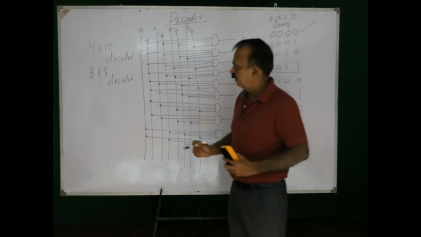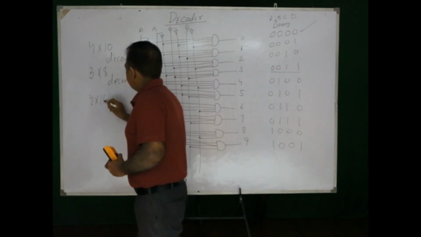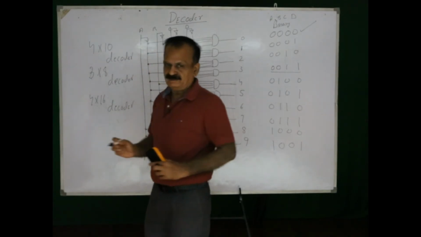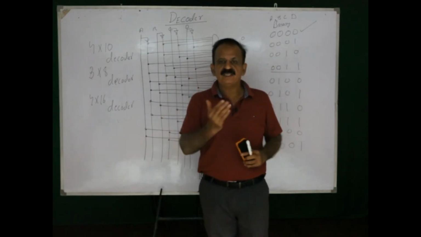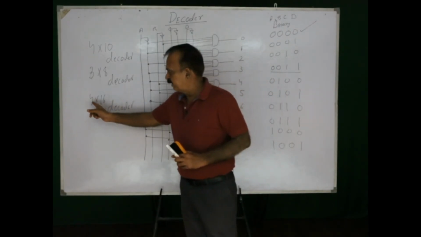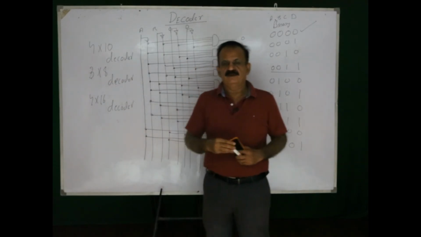converter, and similarly we can have 4 by 16 decoder. I think this is now very clear what will be 4 by 16, 4 inputs and 16 outputs, and this will be nothing but representing binary to hexadecimal conversion.